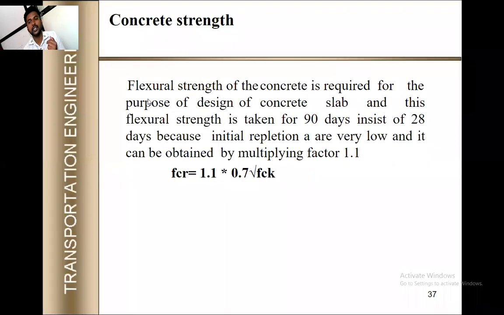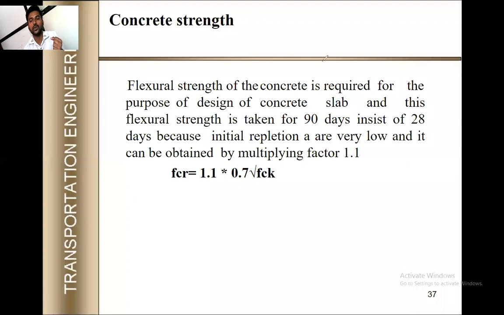Then the concrete strength: how do we calculate the flexural strength for the concrete? The flexural strength is required for the purpose of design. It is taken at 90 days instead of 28 days, as the initial values are very low, and it can be obtained by a multiplying factor.